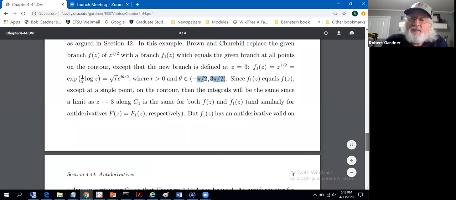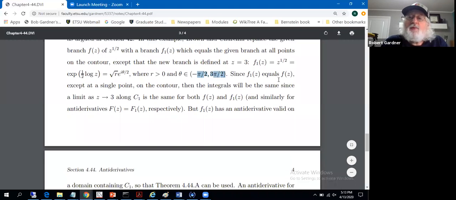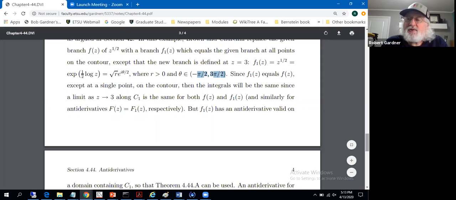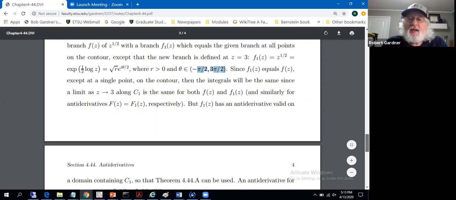So f1 of z and f of z are equal on the contour except at a single point. So the integrals will be the same. We could also do some limit stuff and we'd get the same thing out. I've kind of given in to Brown and Churchill's way of doing it. They do this repeatedly. Okay.